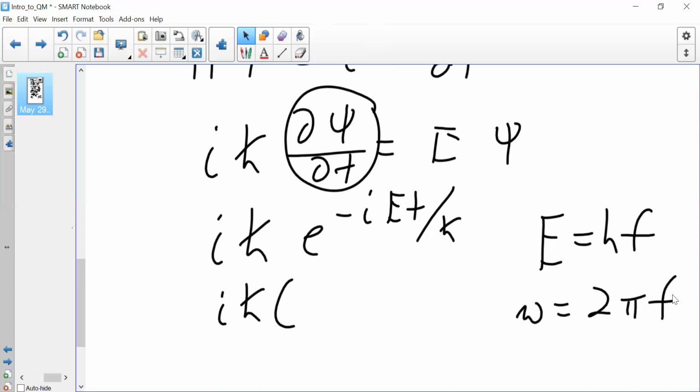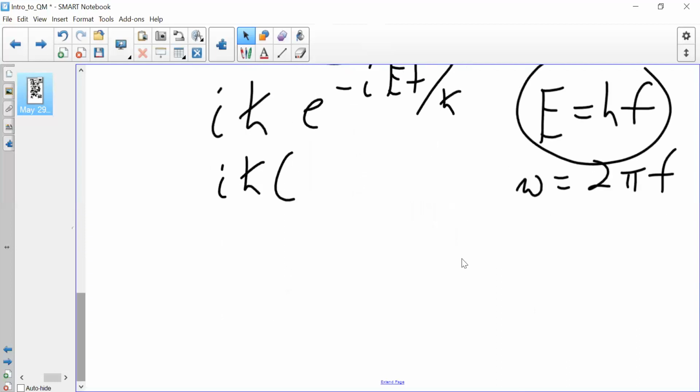So that basically transforms the first equation here, E equals hf, into E equals ħ omega. So E equals ħ omega is the same as hf.